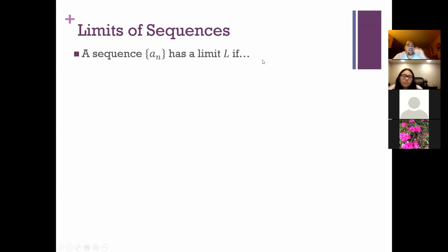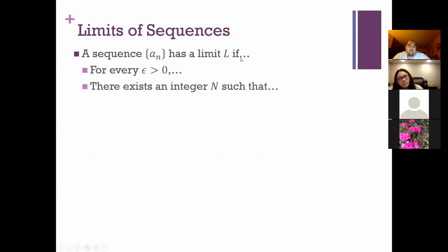A sequence has a limit L if for every, and this is the Greek letter epsilon, positive number epsilon, there exists some integer capital N, such that for all the numbers bigger than that capital N, the difference between that term in the sequence and that limit is less than epsilon.